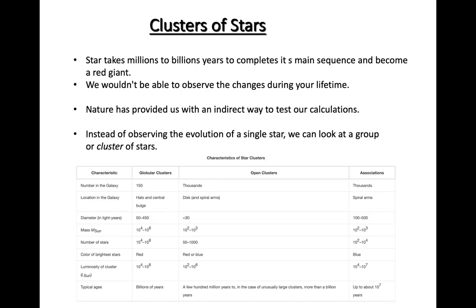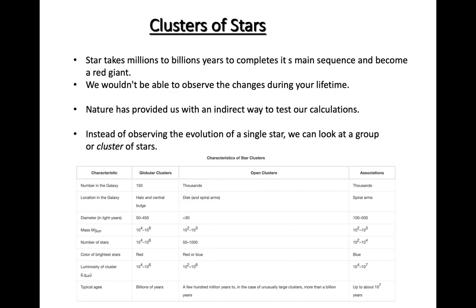And one thing that we talked about, if you remember, is that if a star has a higher mass, if the mass is very huge, then that star will go through this evolutionary process very quickly, because the nuclear reactions will be faster for these massive stars. So they will spend much less time compared to the smaller, lighter stars.